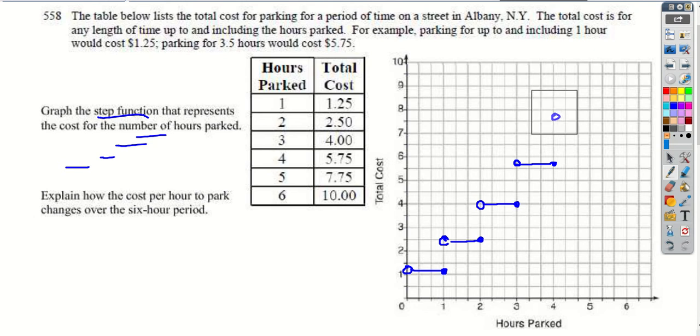Okay, so open circle there, all the way across, until we get to 6, or at least 5. All right. And then once I hit 6 hours, it's going to cost me $10. So 6 hours itself, and from hour 5 on to 6, and then I close my circle.